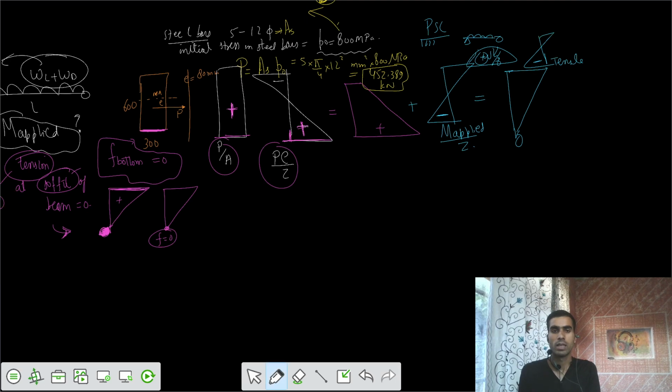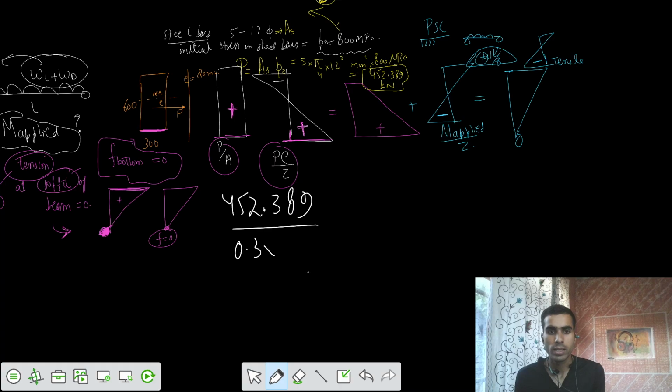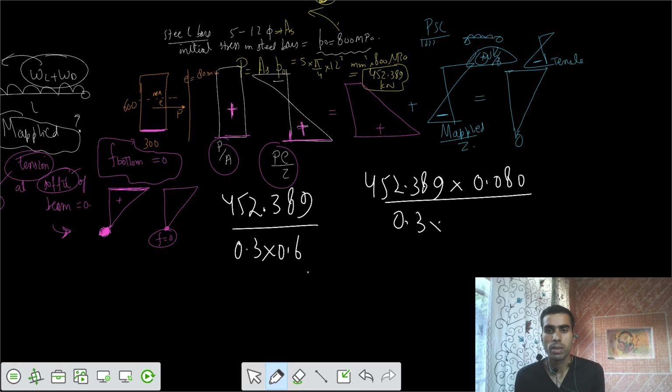Let's go for that. I would say that your P by A equals 452.389 kilonewton divided by the area of the cross section, 0.3 into 0.6, and your PE by Z is 452.389 kilonewton into eccentricity of 0.080 meters divided by section modulus of BD square by 6.